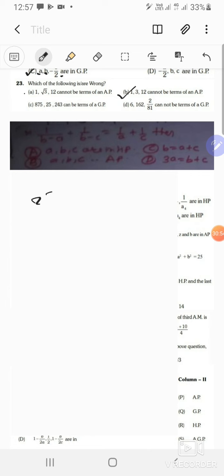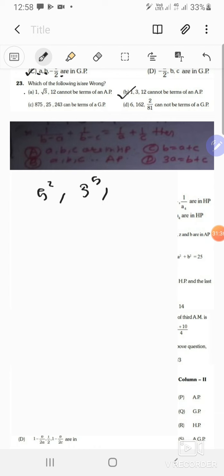Right, so suppose 25 and 243 are two terms of a GP, then sure, 875 can in fact be a term of the GP. Suppose you take the ratio to be 1. No, not 1 exactly. Okay, so what do we know about these numbers? Well, 25 is obviously 5 squared. 243, that is 81 times 3, which is 9 squared times 3, like 3 to the power 5.